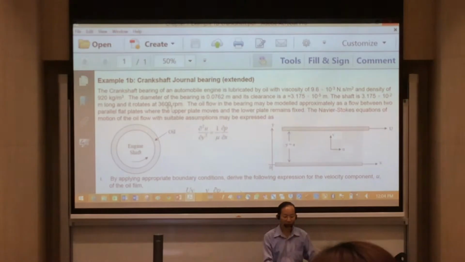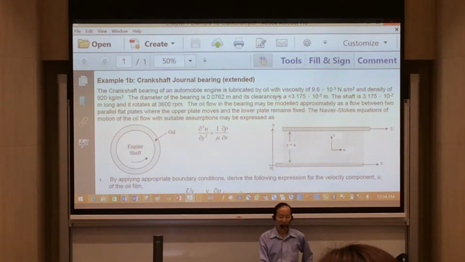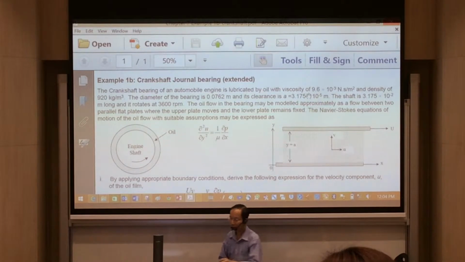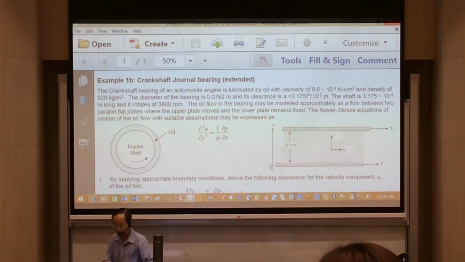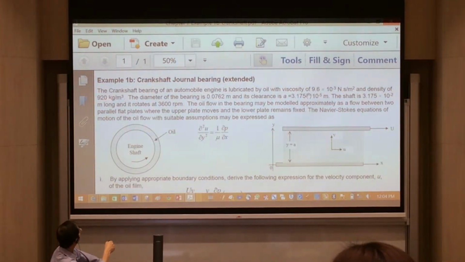The crankshaft bearing of an automobile engine is lubricated by oil with a dynamic viscosity of 9.6 times 10 to the power minus 3 Newton second per meter square. Remember the units, be careful with units. The density is 920 kilogram per meter cube.